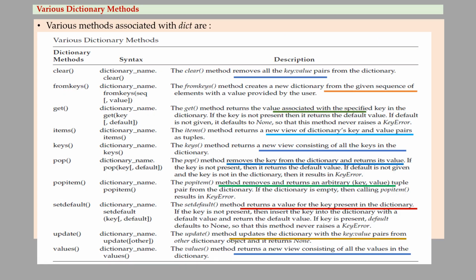We will now learn the dictionary methods associated with the dictionary. The first method is clear, which removes all the key value pairs from the dictionary, and the fromkeys method which creates a new dictionary from the given sequence of elements.